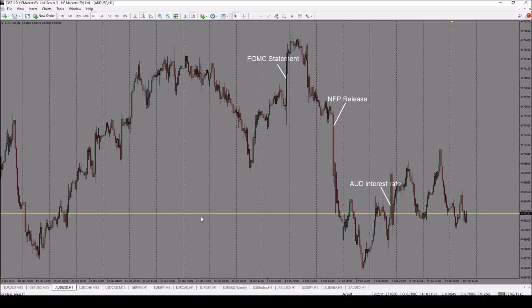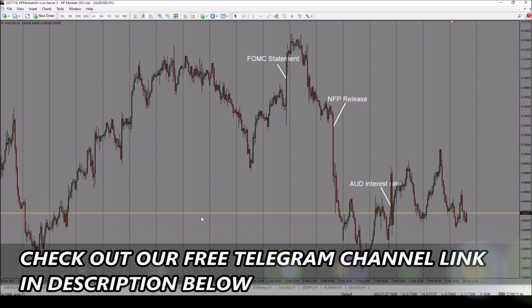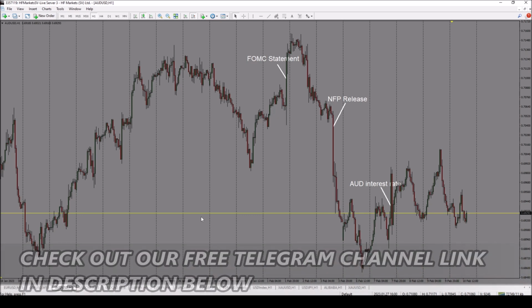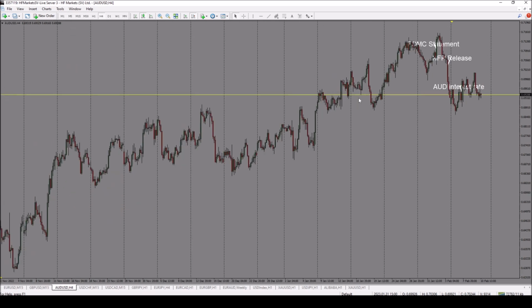So this is Aussie against dollar on the H1 time frame. I'm just going to point out where the market completed its cycle using fundamentals. In this case, we can see that on the H1 time frame, we had a very big M pattern, which actually came from completion of the H4 time frame.